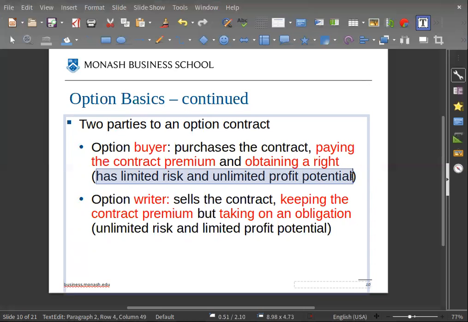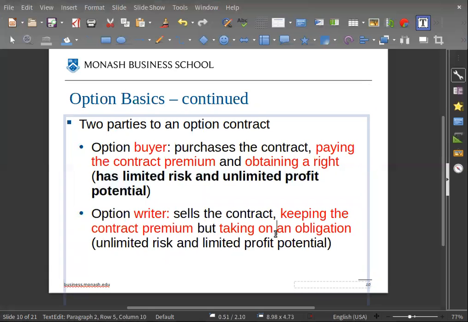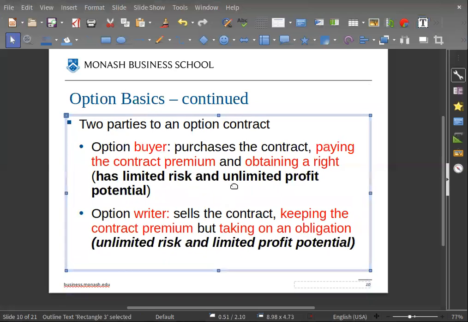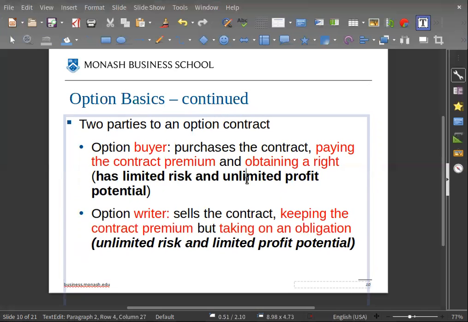But also, at the same time, I want you to keep in mind the point of view of the option writer or the option seller, which is usually an eminent financial institution or a large investment bank. So when they sell the contract or when they issue the option contract, their payoff is going to be exactly the opposite of ours.